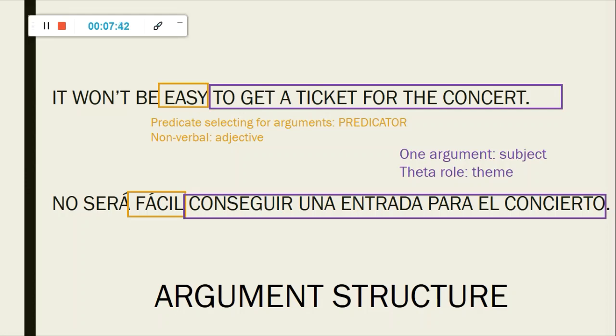So, easy is a nonverbal predicate because it is an adjective, and it selects for one argument. Then we have to classify the degree. The degree depends on the number of arguments selected for by the predicate. So in this case, this is a one-place predicate because there is only one argument selected for by easy or fácil. In the case of Spanish, we speak of un predicado monádico.